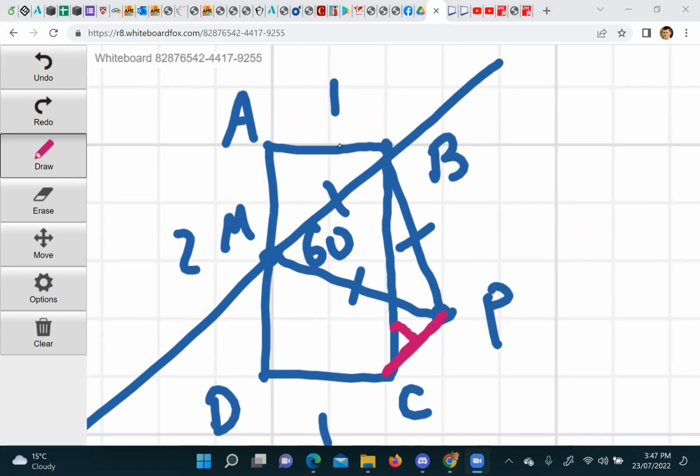Okay, PCB is less than 60. Why is that? Daniel says PCB is less than 60. Is it?